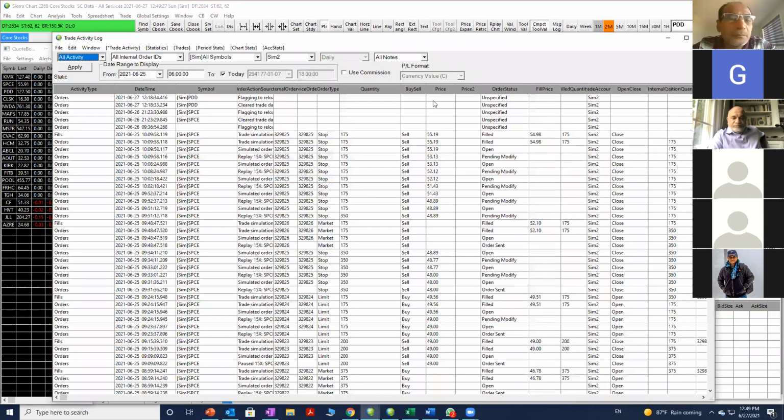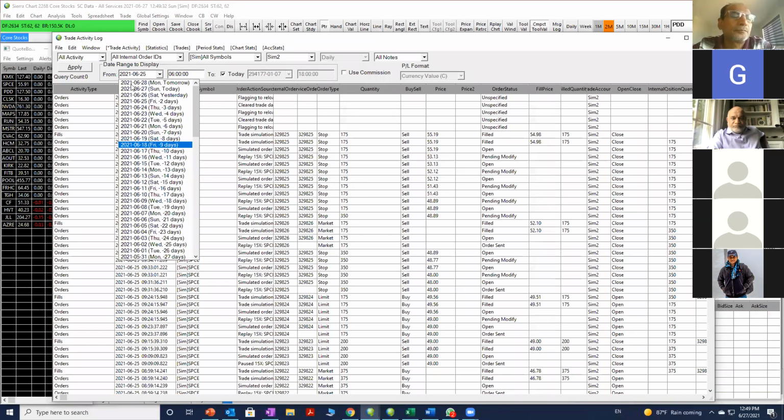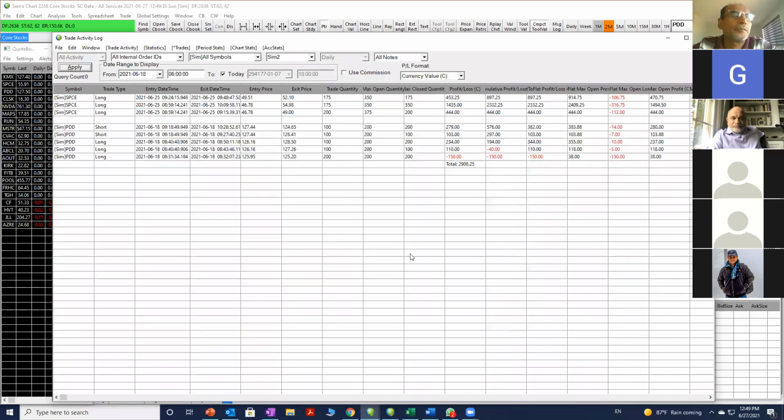So let me bring this up. This was the 18th. There it goes. PDD. I had forgotten to clear the space thing. So in the PDD, we went first long and then we went short.